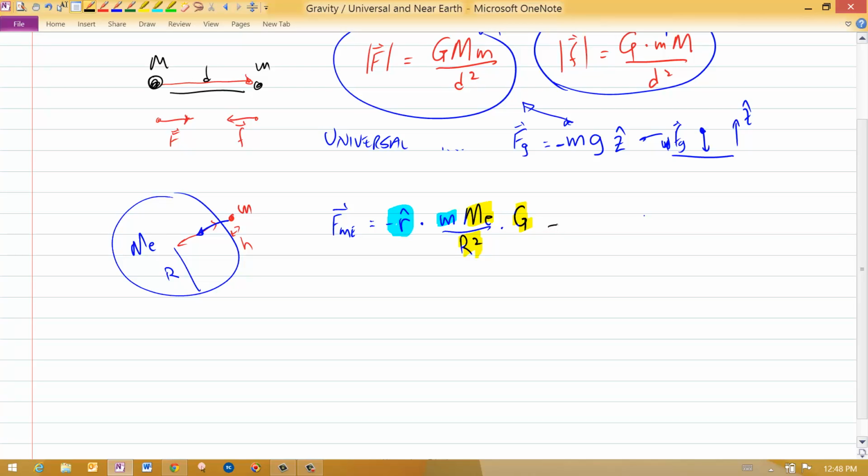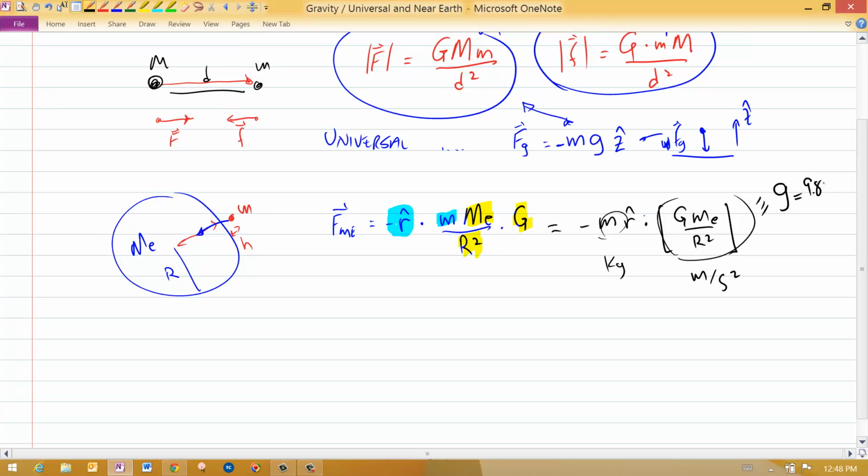I can rearrange this as minus m r hat times a bunch of things that depend just on the Earth: the universal gravitational constant, the mass of the Earth, over r squared. This thing has units of meters per second squared, and this thing has units of kilograms. Numerically, this thing is actually equal to this little g of 9.8 meters per second squared.